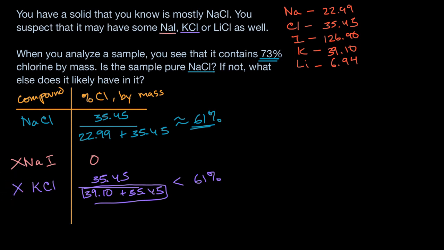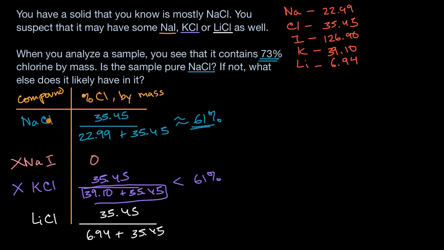Now let's look at this last candidate, and I'm feeling good about it because something got mixed in. Let's look at lithium chloride. What is its percent chlorine by mass? It's going to be the molar mass of chlorine, 35.45, divided by the molar mass of the entire compound. I'm going to add that to the molar mass of lithium, which is actually quite low, 6.94 grams per mole.